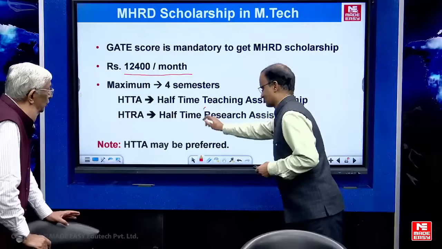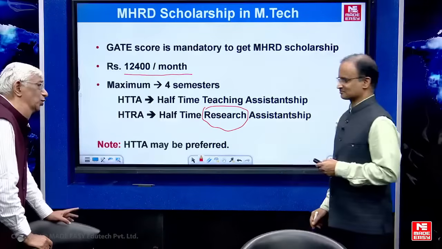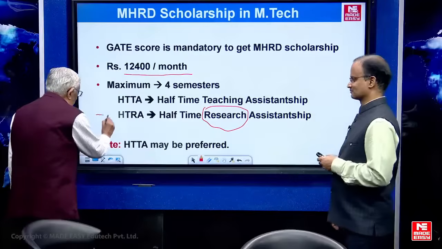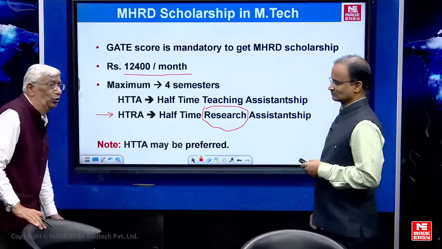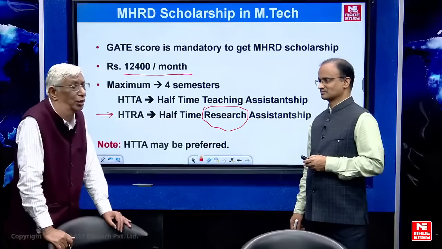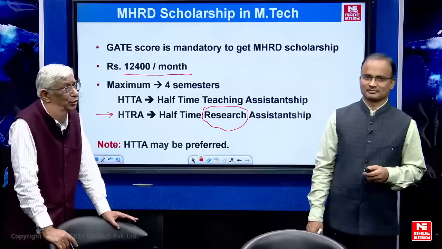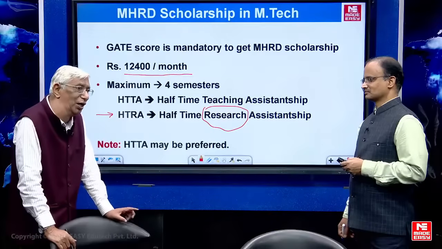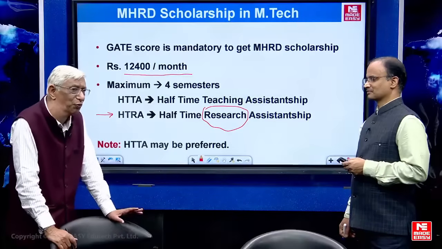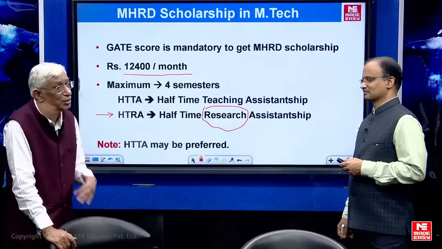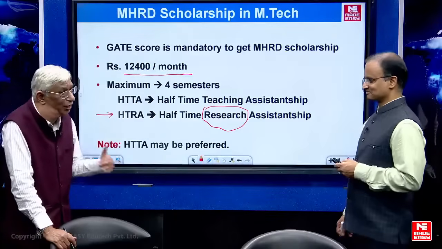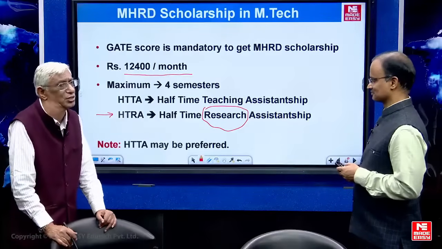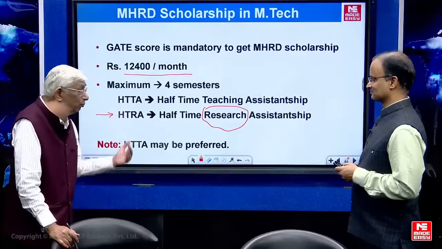Sir, any additional advantage with this one? Again, for candidates who are looking for research-related jobs. But here there is one more thing which I want to mention. Even though the standard stipend is 12,400, in some IITs, those of you who are opting for HTRA may get a higher stipend, primarily because the professors are doing industry-sponsored projects, and they may engage the services of these research associates for assisting them in their industry-related project work, and they may give them a higher stipend.